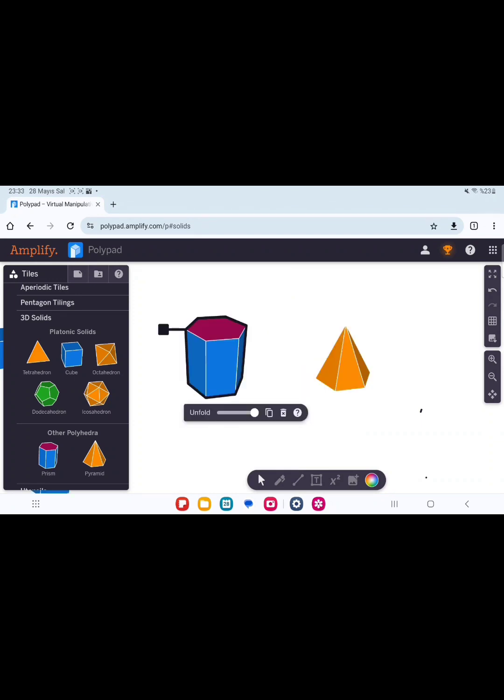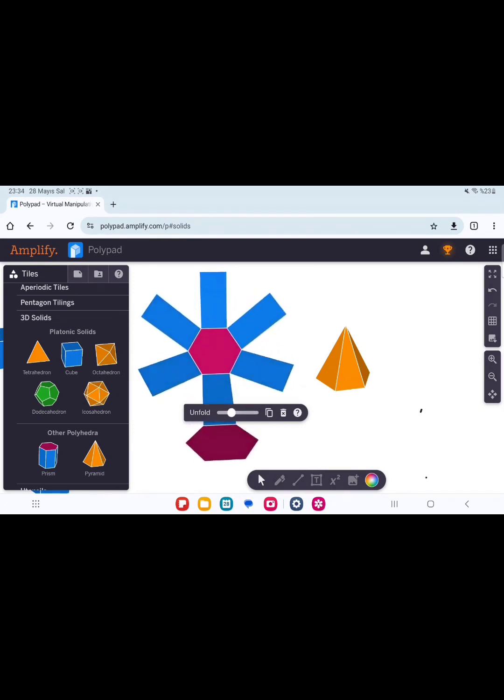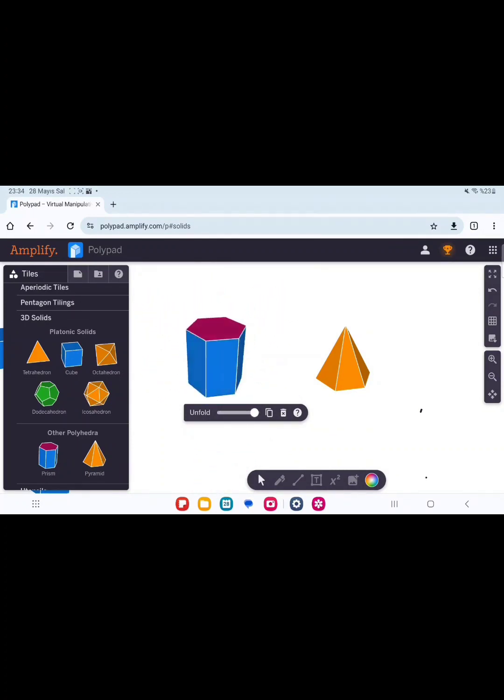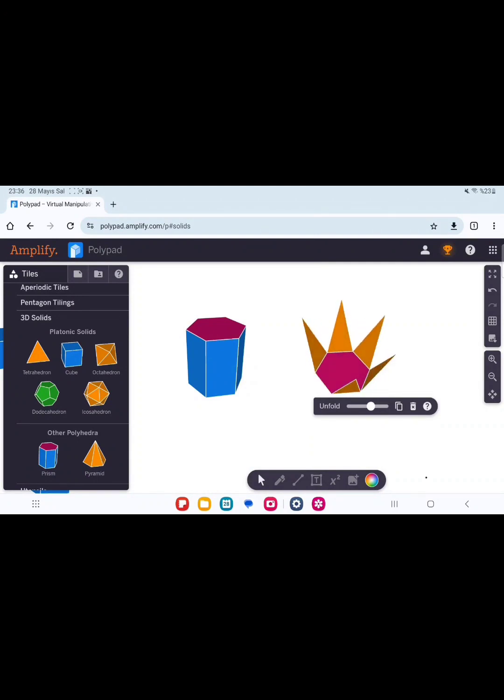In the hexagonal prism, you will see that the short side of each rectangle intersects with the hexagonal base. In the hexagonal pyramid, you will see that the vertex of each triangle intersects at a common vertex, and the base edges of the triangles, which are the hexagonal base and side surfaces, intersect.